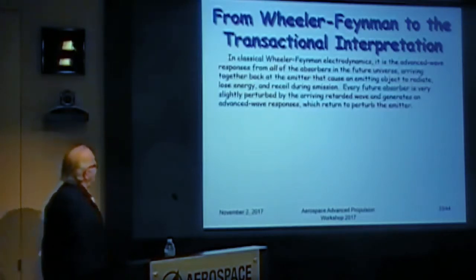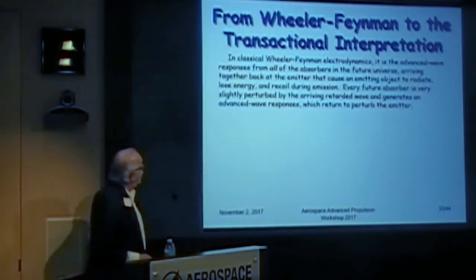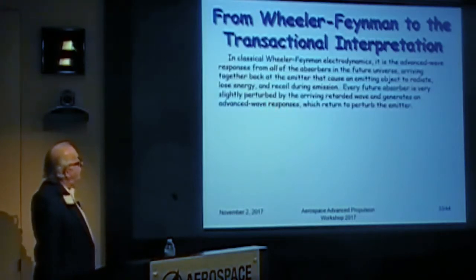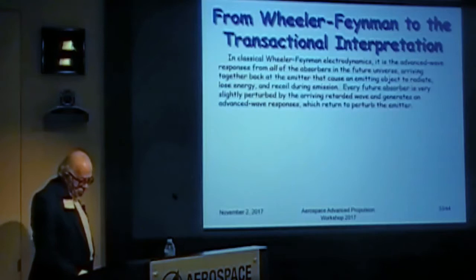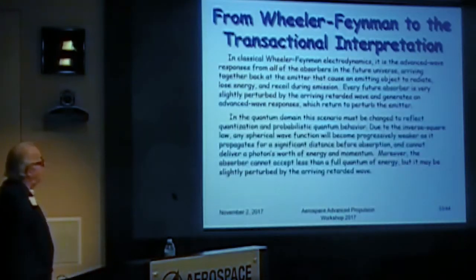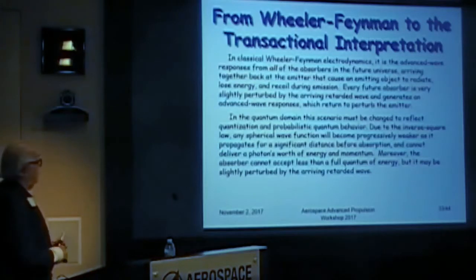In the Wheeler-Feynman electrodynamics, it's responses from all the absorbers of the future universe arriving back together at the emitter that cause the object to radiate. And every future absorber is slightly perturbed by the arrival of a retarded wave, and it generates an advanced wave response. In the quantum domain, this scenario has to be changed to reflect the fact that quantization is there, and the probabilistic nature of quantum behavior.